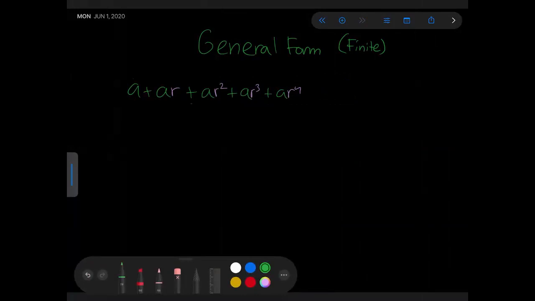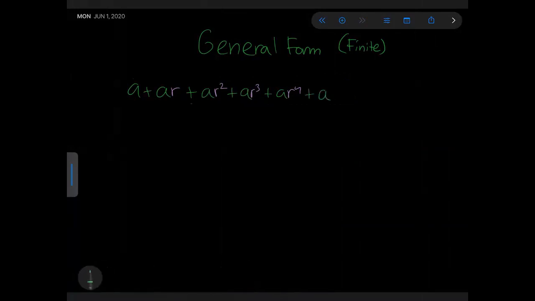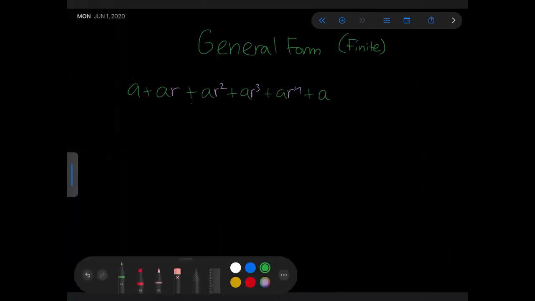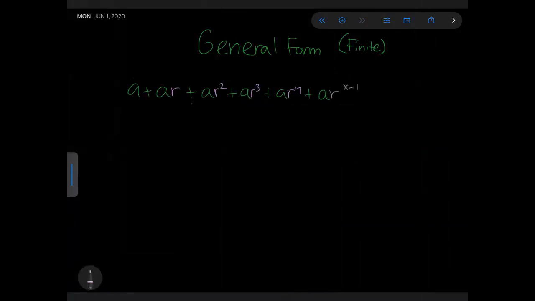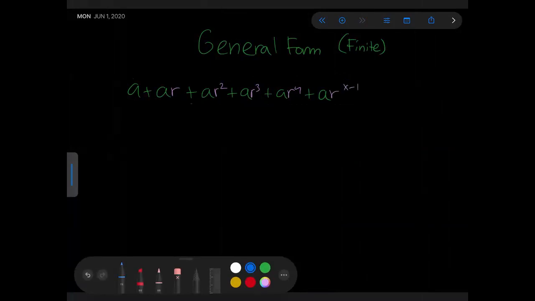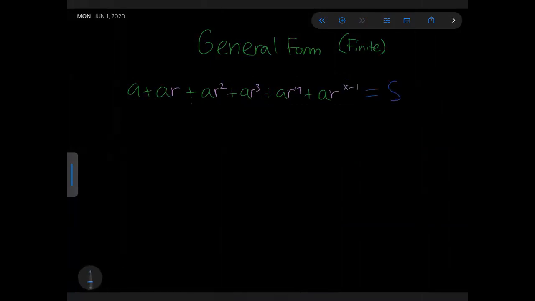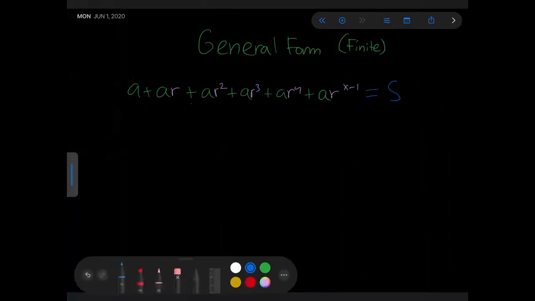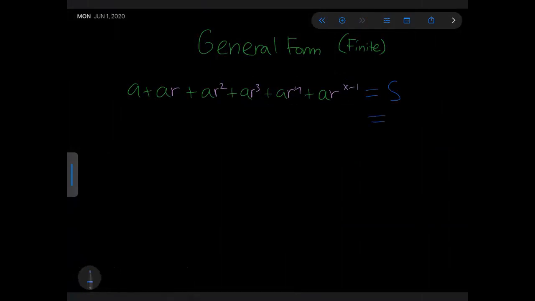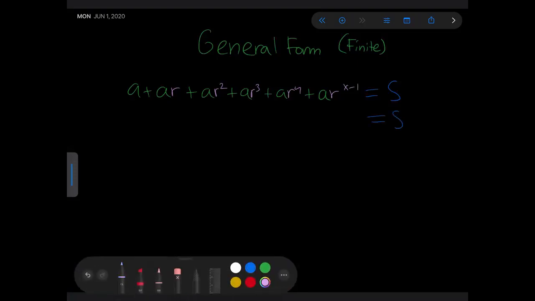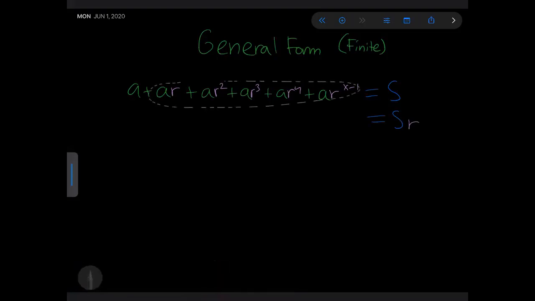The last term is going to be a times r to the x minus 1, as we saw a couple of slides ago. We're going to use the same trick. We're going to multiply the entire sequence by our common ratio. So on the right hand side we get sr, but on the left hand side we're going to have an extra term.